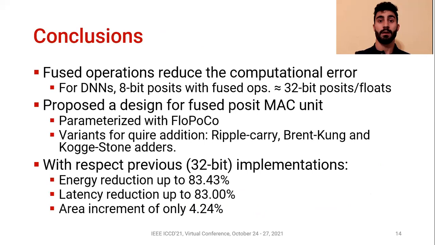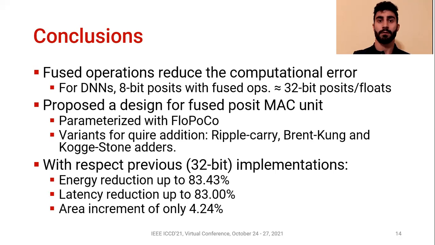To sum up, in this work, we evaluated the performance of Posit fused operations in deep neural networks, where 8-bit Posits using fused operations provided similar results as the 32-bit formats. Also, we proposed a design for fused Posit multiply and accumulate units. The design is completely parameterized and is also integrated into the FloPoCo tool.